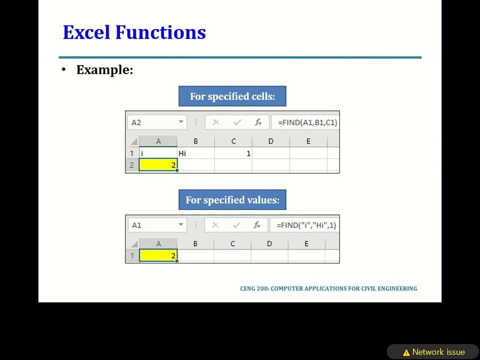Since you are using text, so inverted commas. So find, and then find what? H. And then comma HI, and then comma again, 2, not 1, 2. The last argument is 2. What happened?